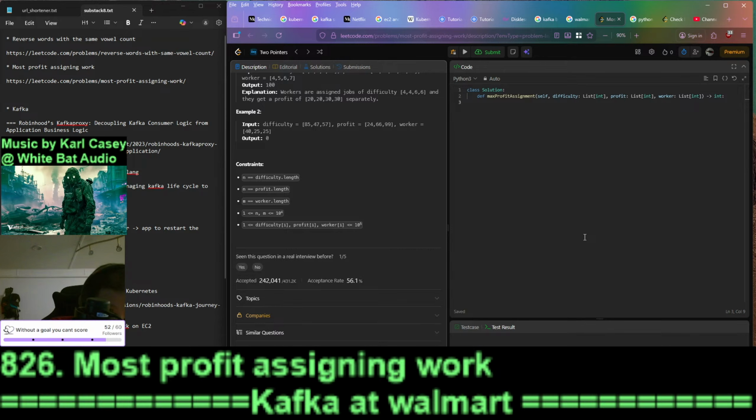So 35 is 17, 47 is 81, 52 is 1, 68 is 67, 86 is 82, right? So we have to search two layers.